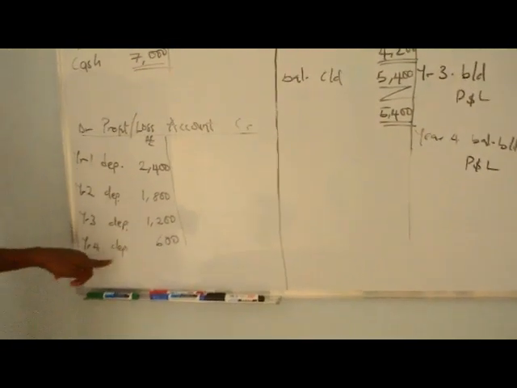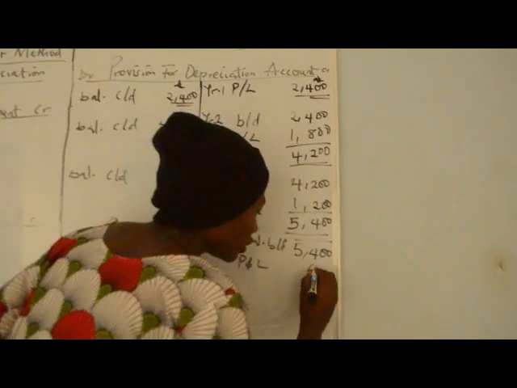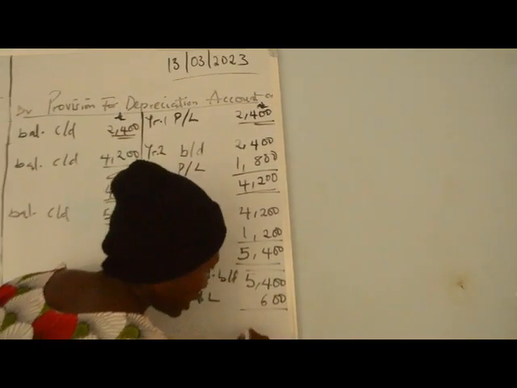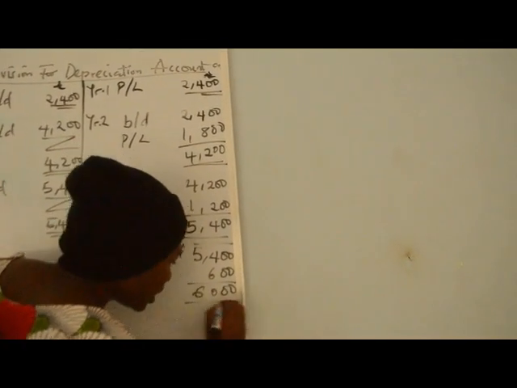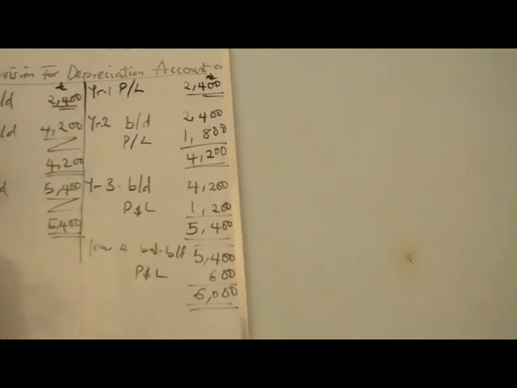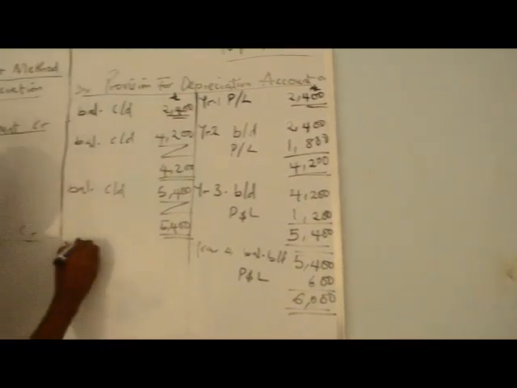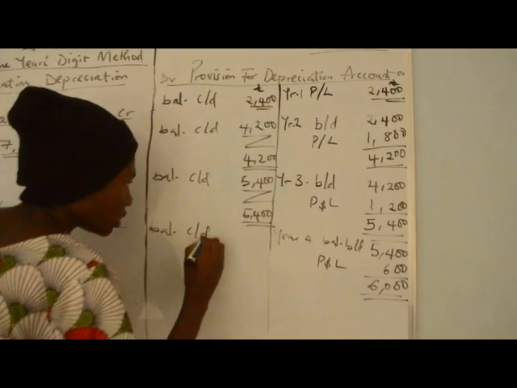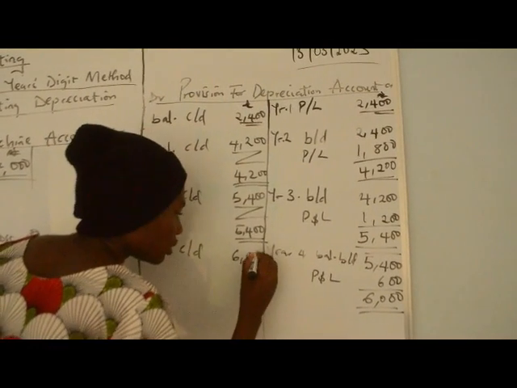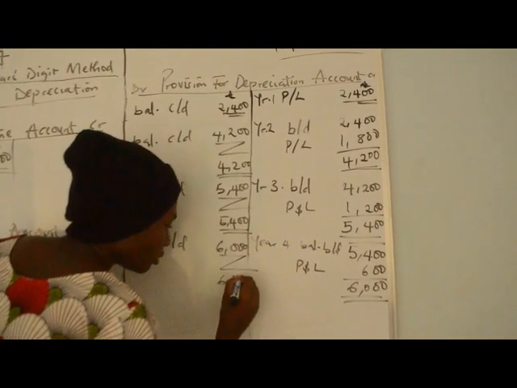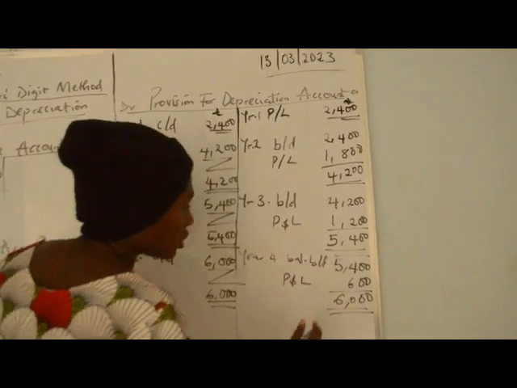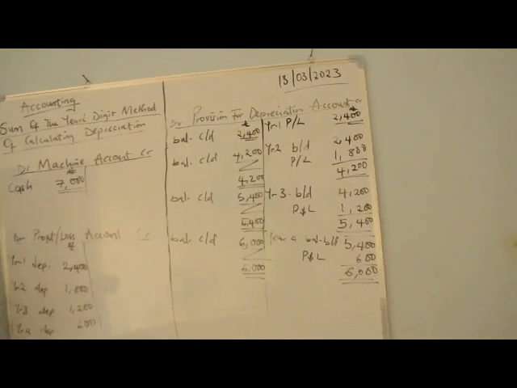This is the profit and loss for the fourth year, 600 naira. This is our income in this account, giving us a total of 6,000 naira. At the end of the year, we also balance that account, and we have closed the account for the year.